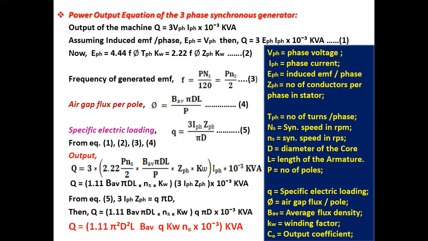Now, air gap flux per pole phi is equal to B average pi d L by capital P, that is number of poles.